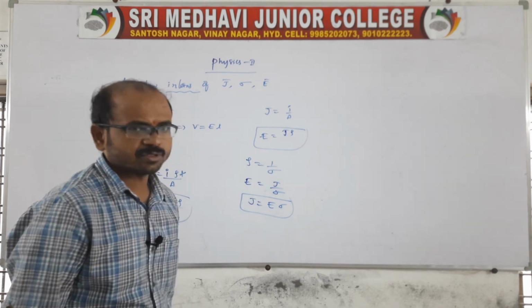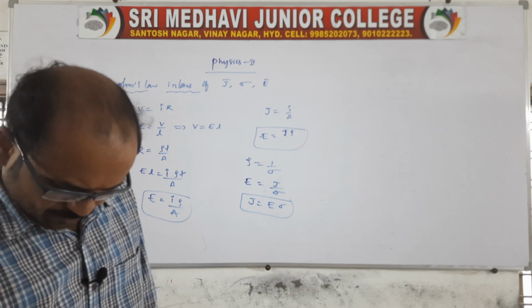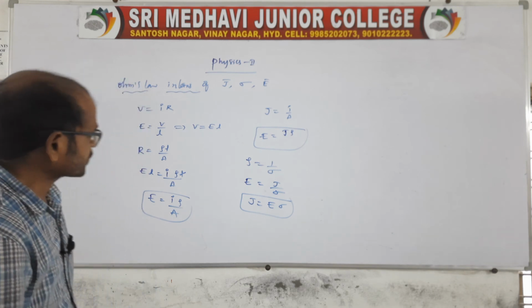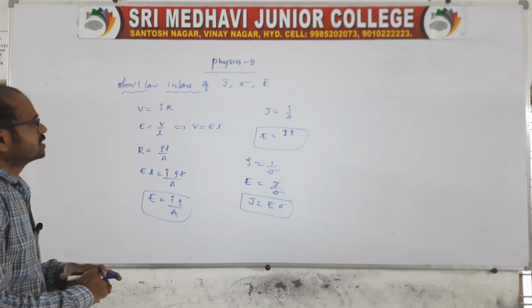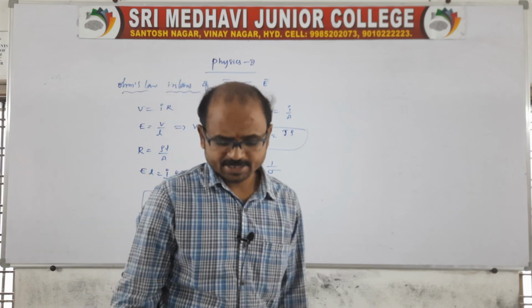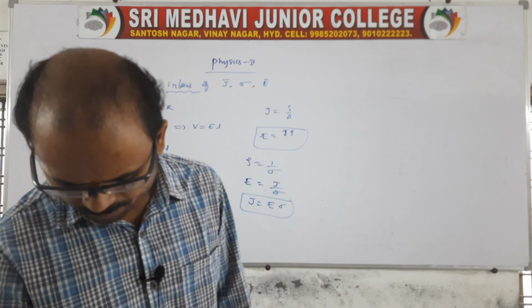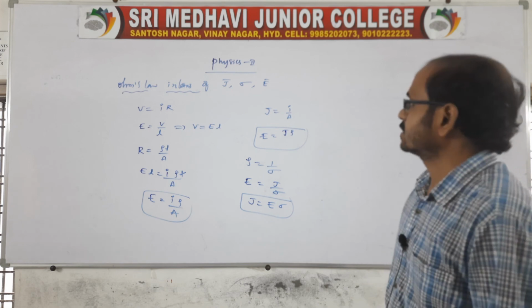So these are the relations for Ohm's law in terms of J, sigma and electric field intensity.